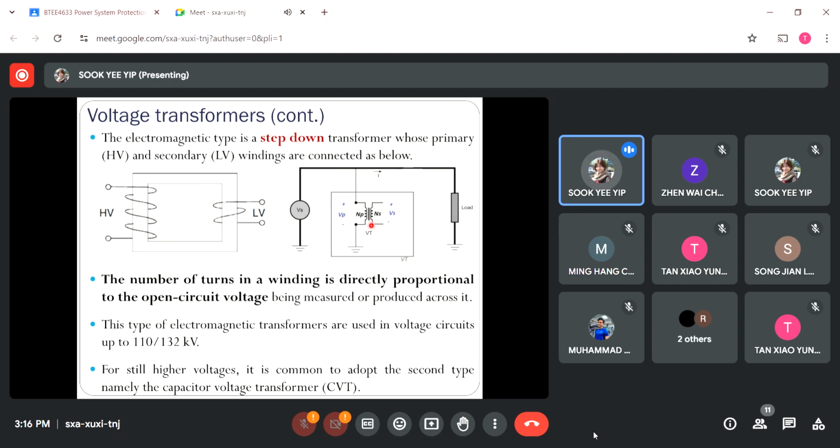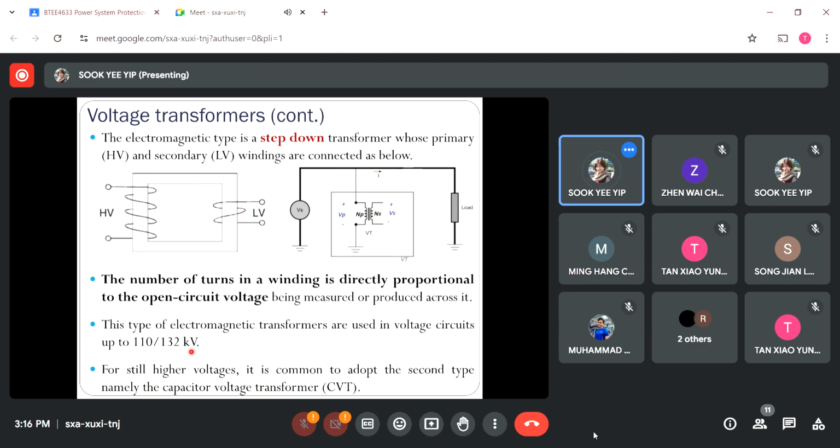That's how we have electrical isolation for the low rating device from the high voltage system. Typically, this type of voltage transformer is used for circuits or applications up to 110 or 132 kilovolts.